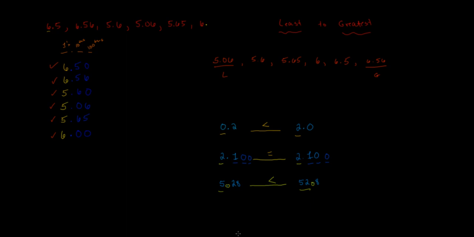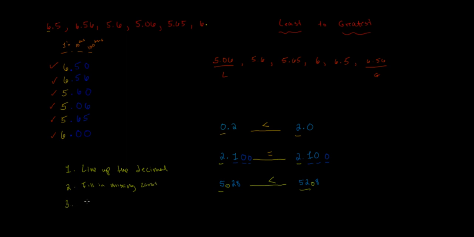So that's how you compare and order decimals. Make sure that you're always lining them up with a decimal point. Line up the decimal point, just like we did up top. Right here, we lined up the decimal, and then you need to compare them by place value. Actually, you need to fill in the missing zeros. Fill in missing zeros, right? Because if there's nothing there, there's a 0.